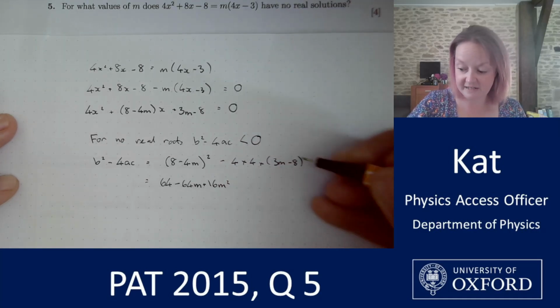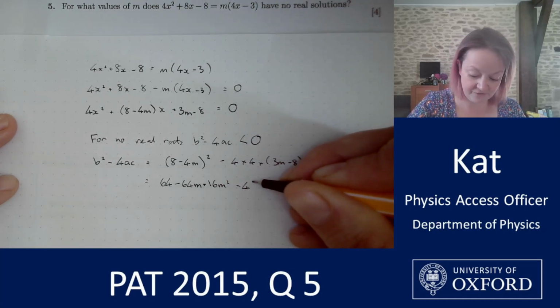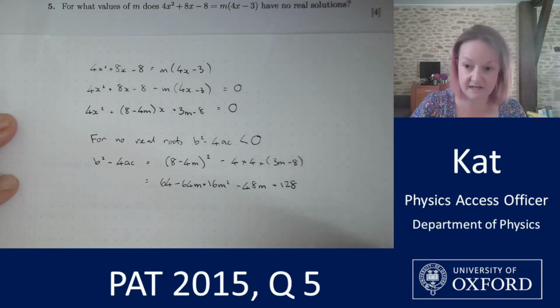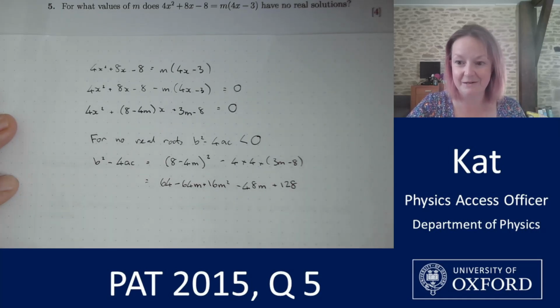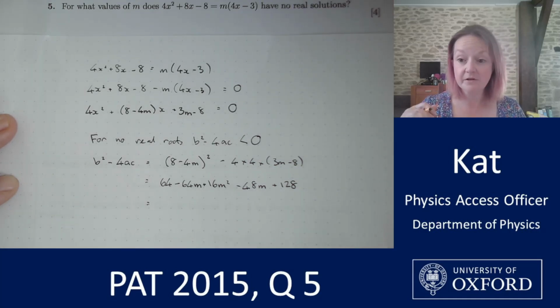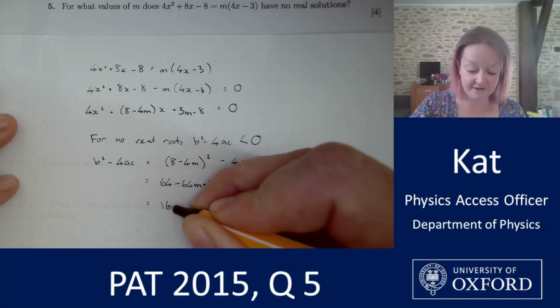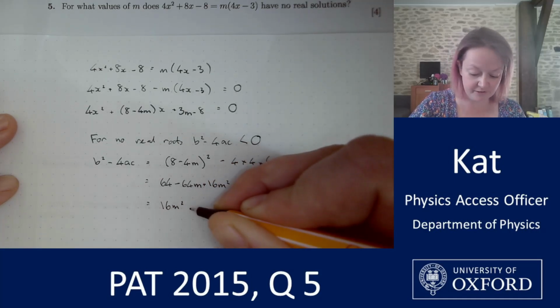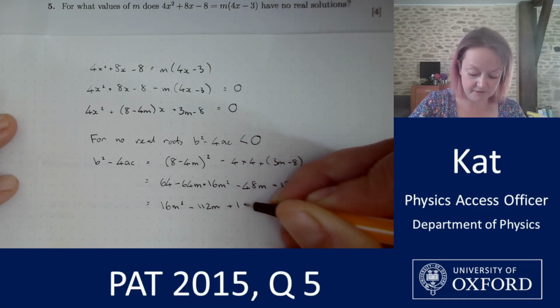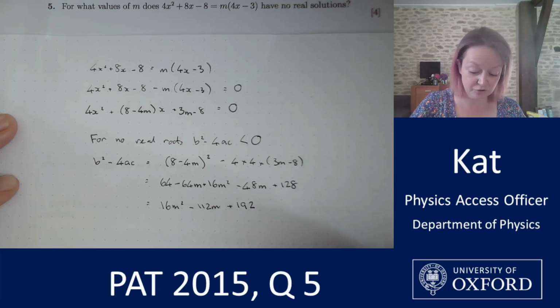And then from this second section, I have minus 48m plus 128, always taking care with that double negative in the multiplication term at the end. Similarly to at the start, where I then had to group everything together in sensible terms, I'm forming a quadratic in terms of m. And when I tidy everything up, I get 16m squared minus 112m plus 192.